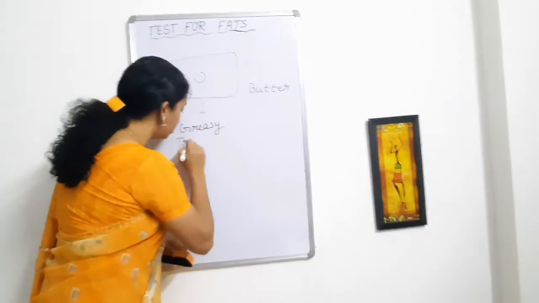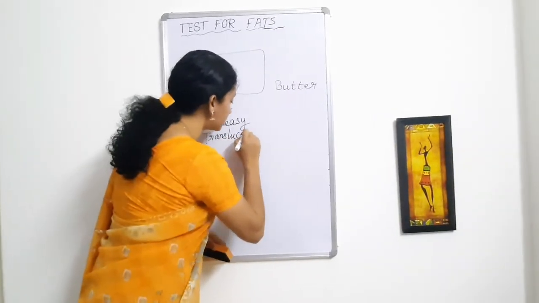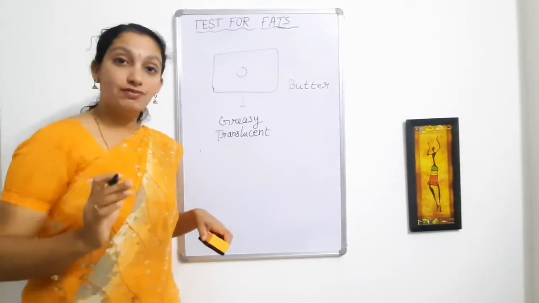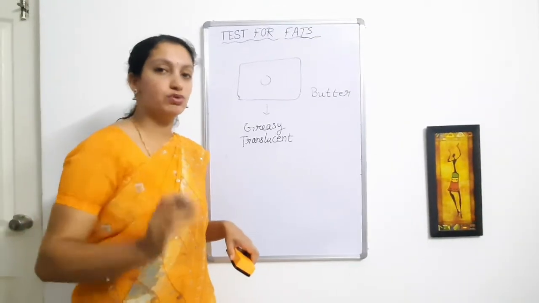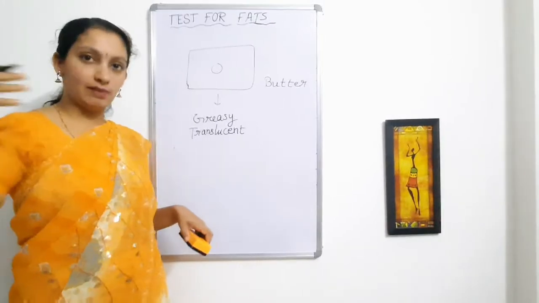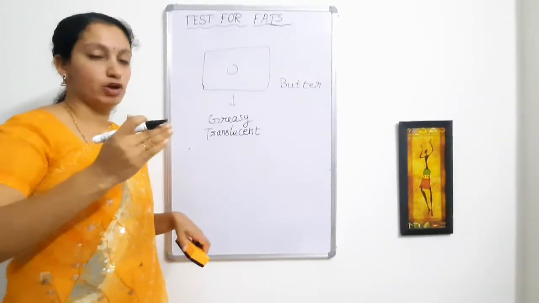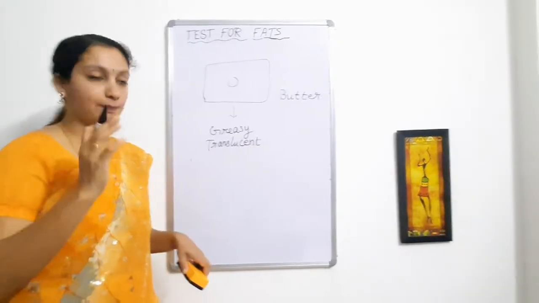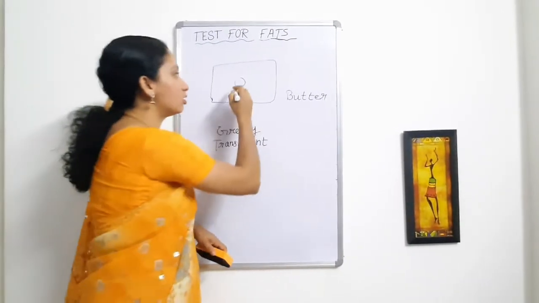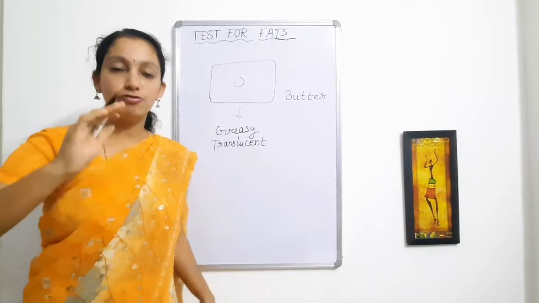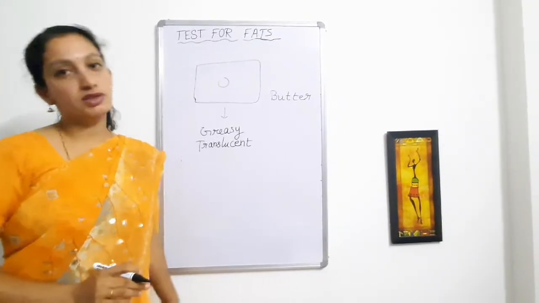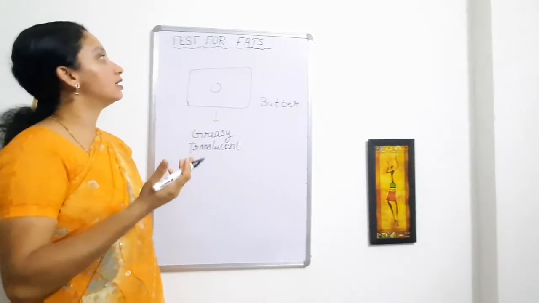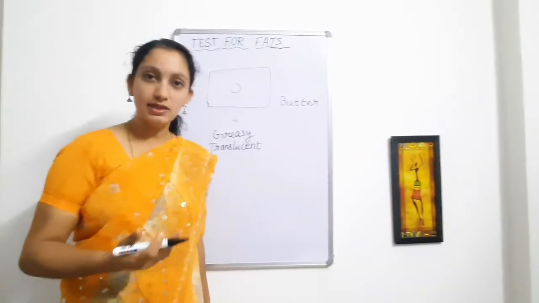Greasy, or you can use the word translucent. What is the meaning of translucent? Partially allowing the light transmission through that paper. So it is not allowing complete transmission of light, only partially. So a greasy or translucent appearance appears on the part where you have rubbed this fat-containing food sample. If that appearance is there, you can say the food contains fat.